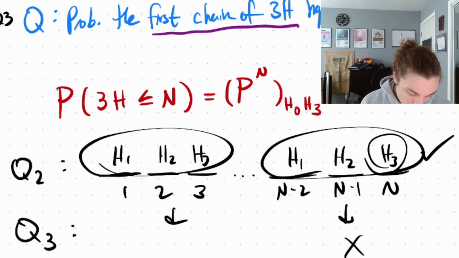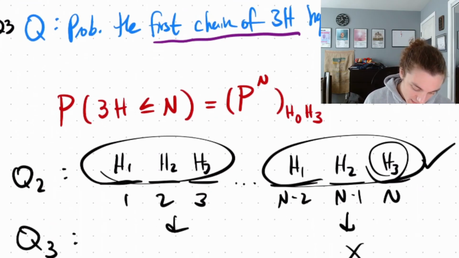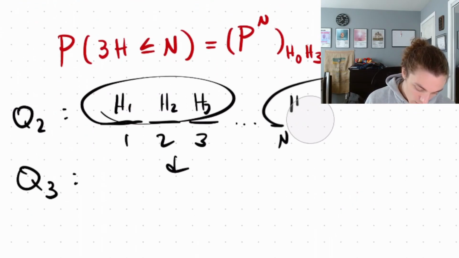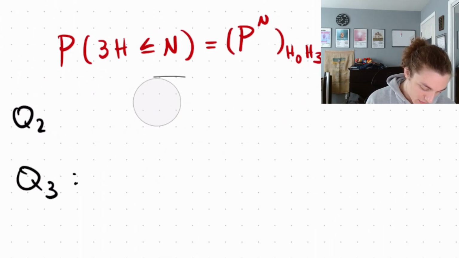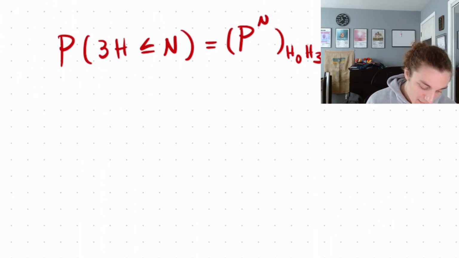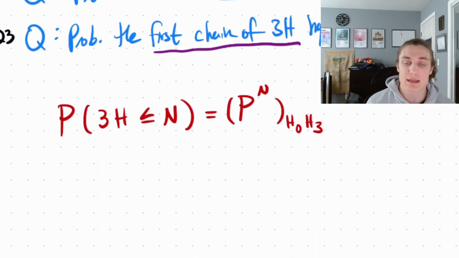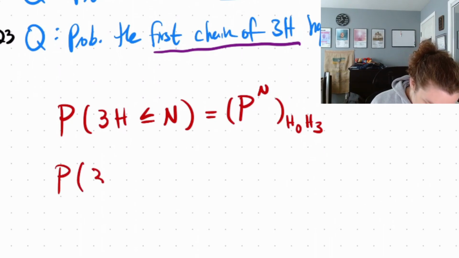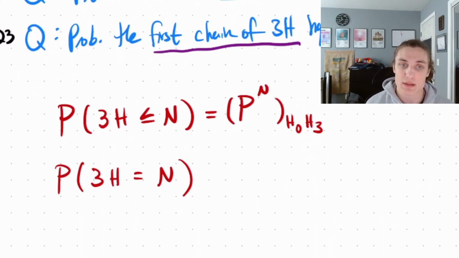Okay? Well, how can we model that? Fortunately for us, we know about cumulative distribution functions. So the probability of seeing 3 heads in less than or equal to n coin tosses is that. What is the probability of seeing 3 heads in that n tosses?